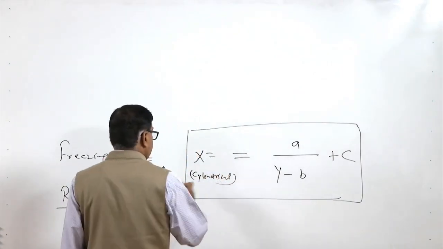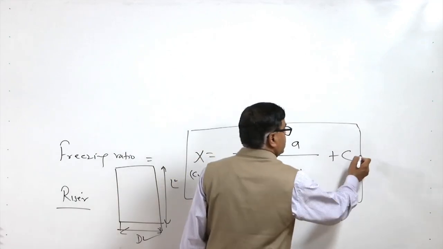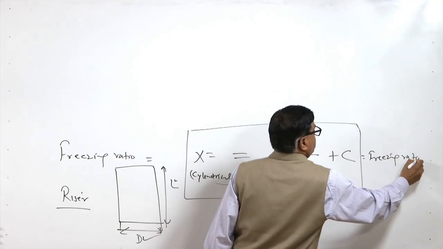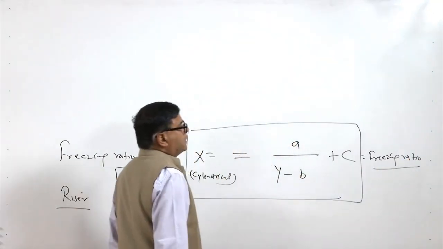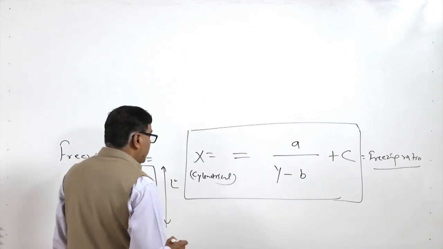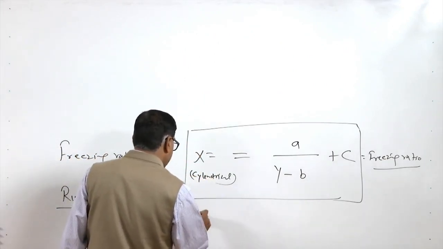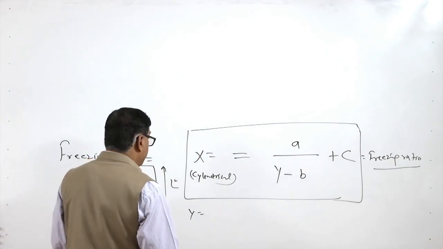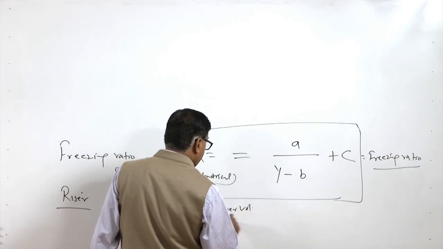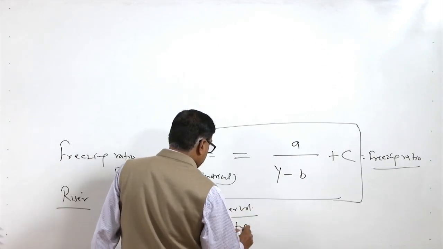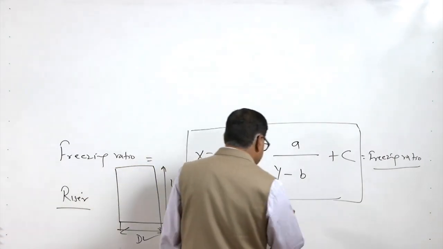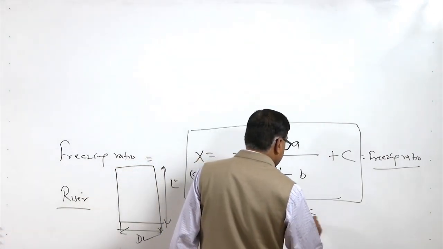As I have already told, X is the freezing ratio, which is the ratio of the cooling characteristics of the casting to that of the riser, and Y is the ratio of the riser volume to the casting volume, and A, B, C are constants.